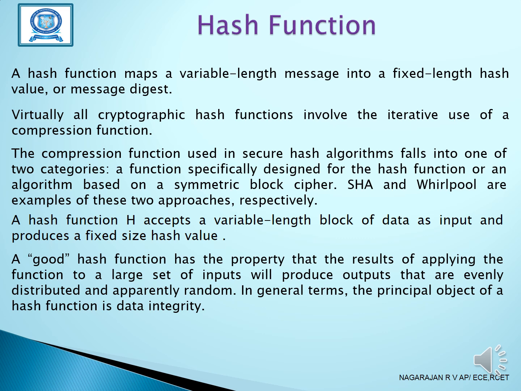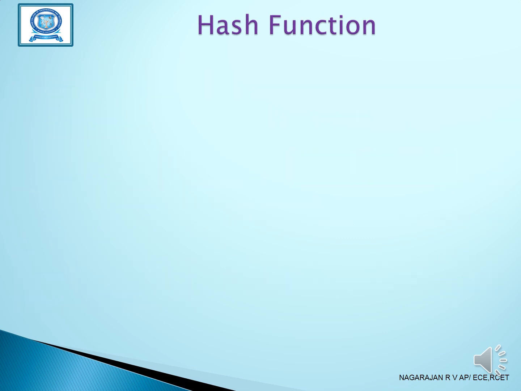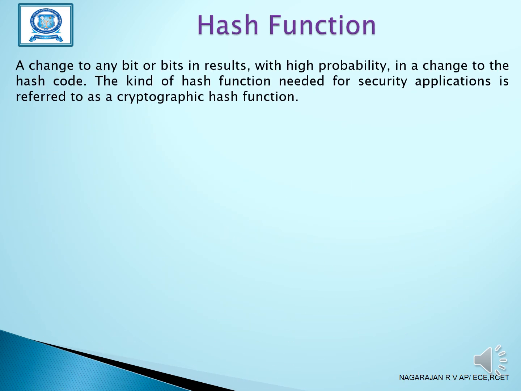In general terms, the principal objective of a hash function is data integrity. So, a change to any bit or bits in the input results, with high probability, in a change to the hash code. The kind of hash function needed for security applications is referred to as a cryptographic hash function.